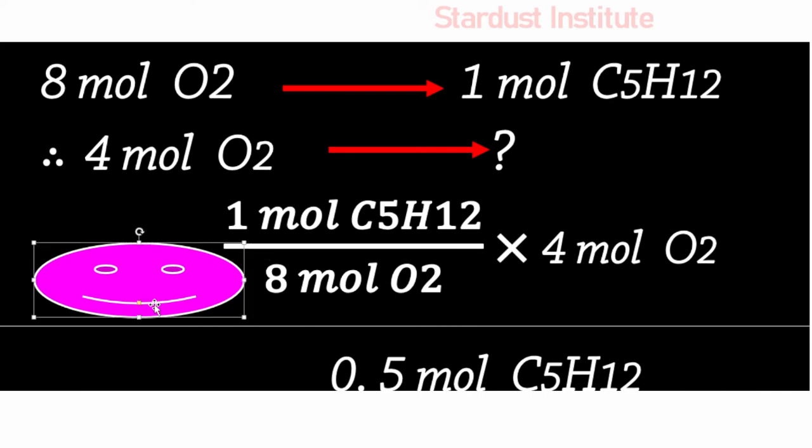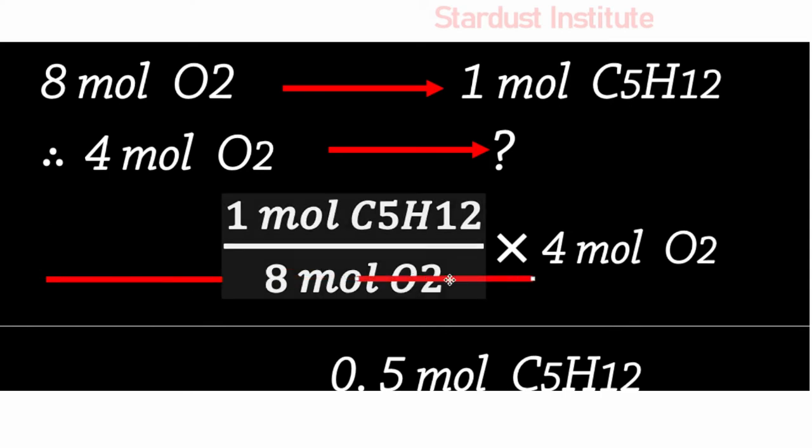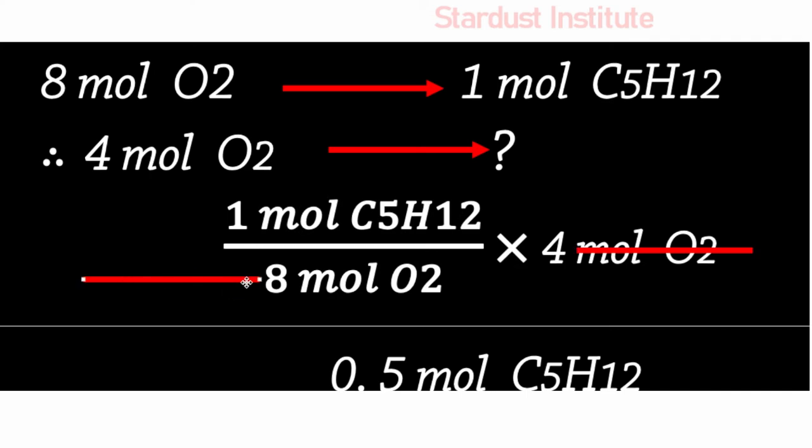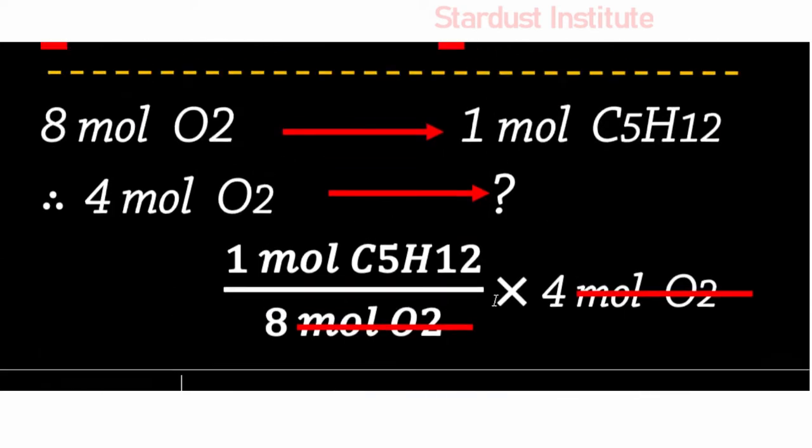We should cancel out units. Mole O2, mole O2, then we get 0.5 mole pentane C5H12.